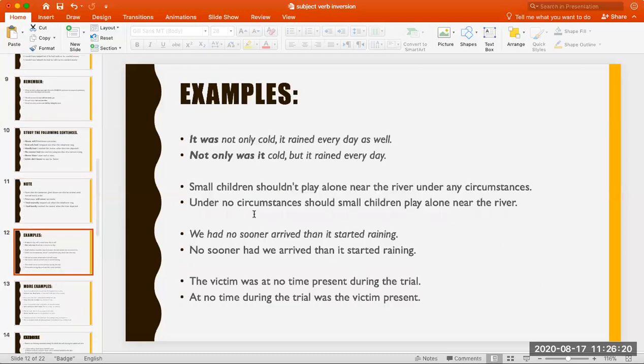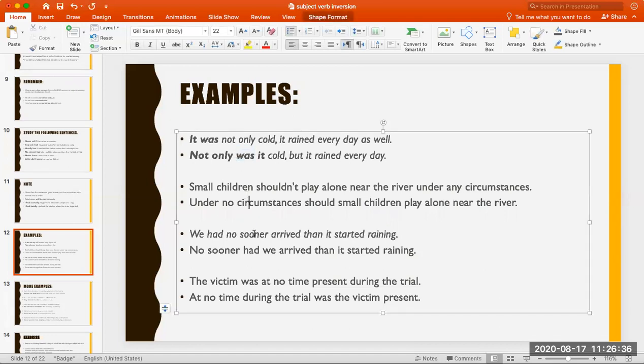More examples. It was not only cold, it rained every day as well. You could say "not only... as well," not only, but also. If you begin with "not only," not only was it cold, but it rained every day as well.